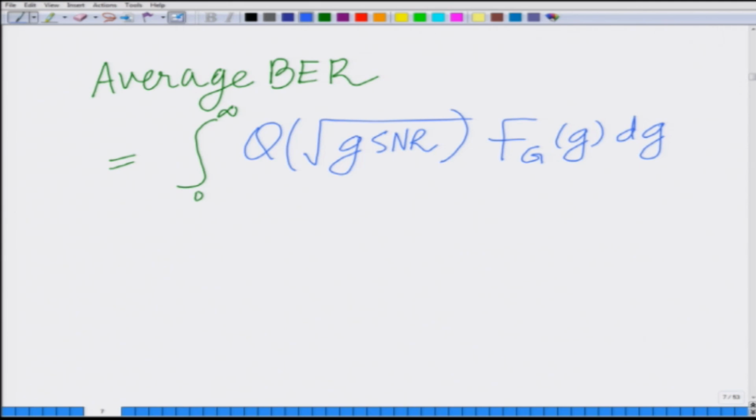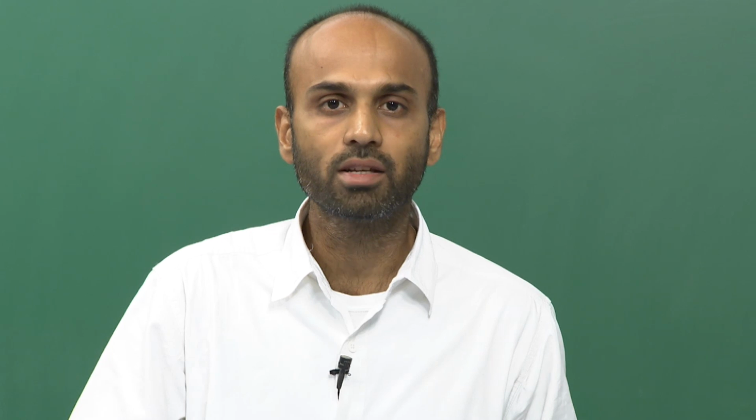So to derive the average bit error rate, we are looking at the bit error rate Q of square root of G times SNR, and we are averaging this with respect to the probability density function of the gain G, which is equal to norm of h bar squared.